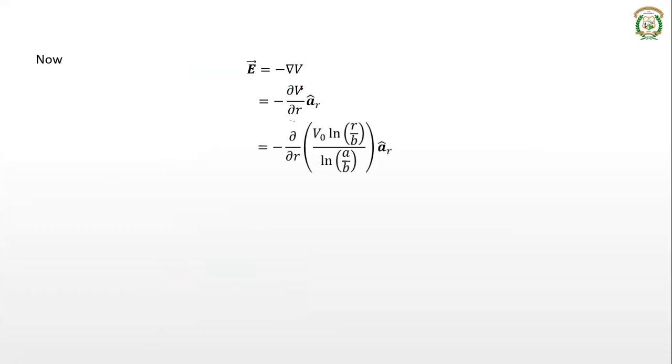V we have already found in the previous equation. Just substitute that: V naught ln R by B divided by ln A by B. If you differentiate this with respect to R, what do you get?